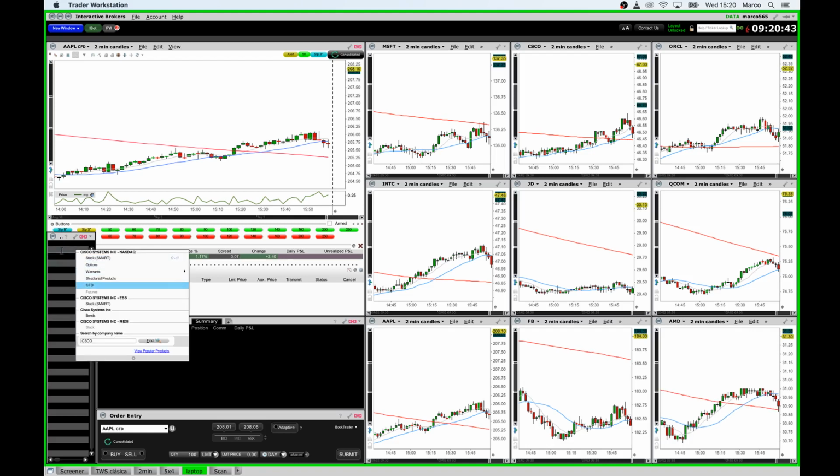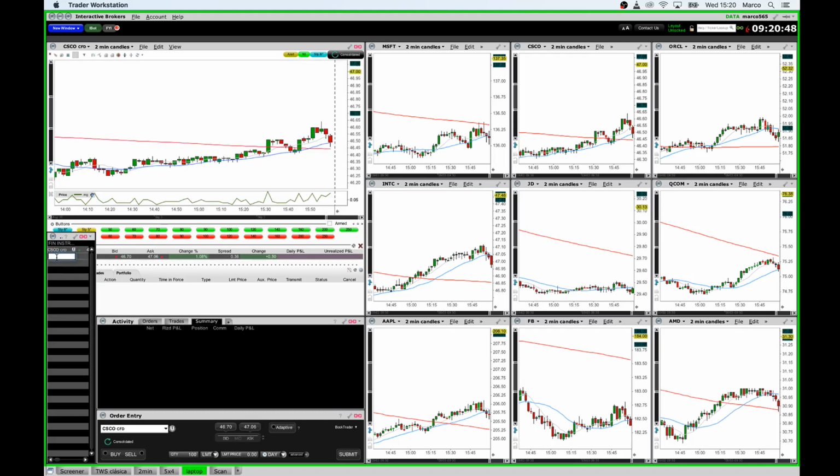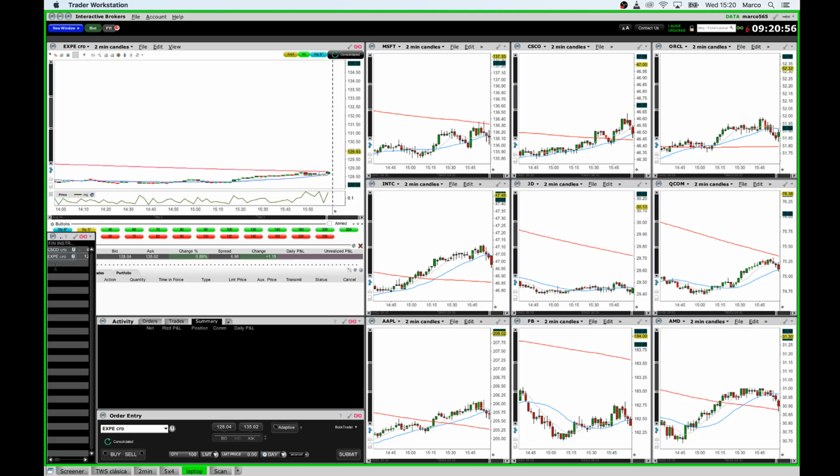Take the CFD. I trade CFDs because I don't have enough capital to trade real stocks. Since I haven't traded for a long time, I don't want to put too much capital on it. This one I only have as a stock, so I will not trade this one.